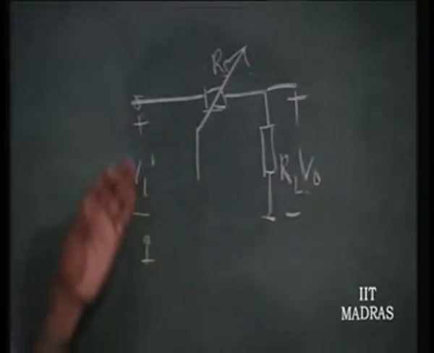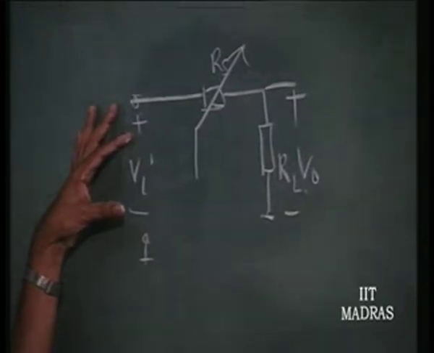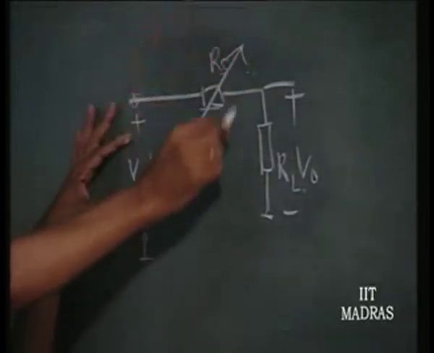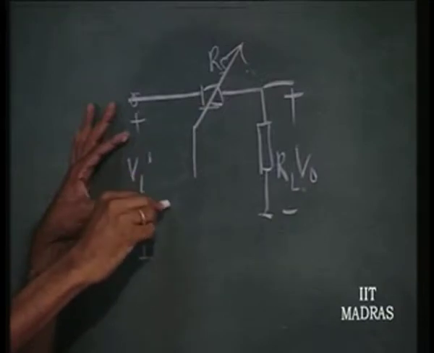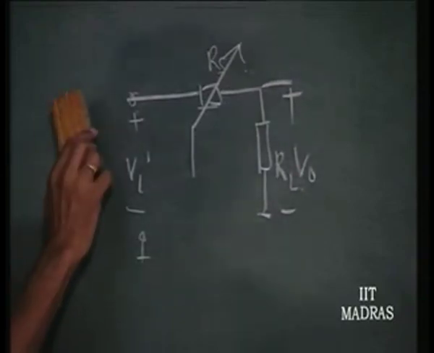Obviously, if the input voltage is varying by a very large extent, then we have a serious problem of power dissipation in the IC increasing, particularly when Vi is reaching Vi max. So, this cannot be avoided in this. So, this series regulator is not an efficient scheme.